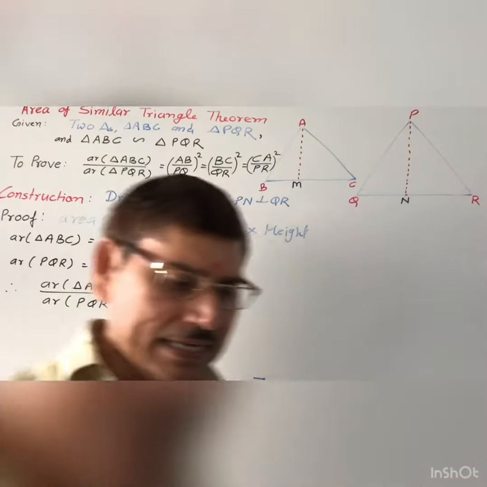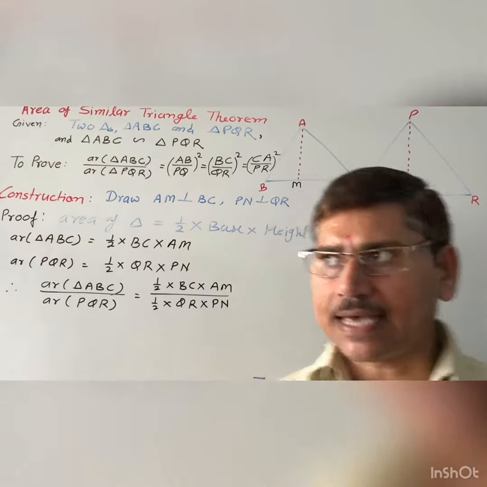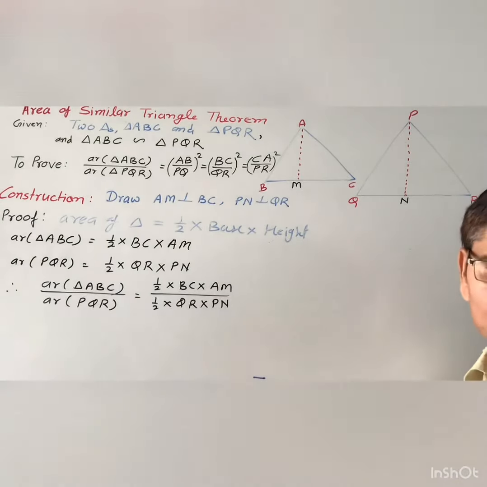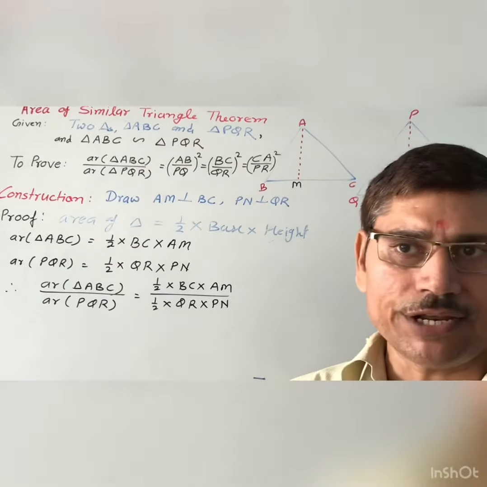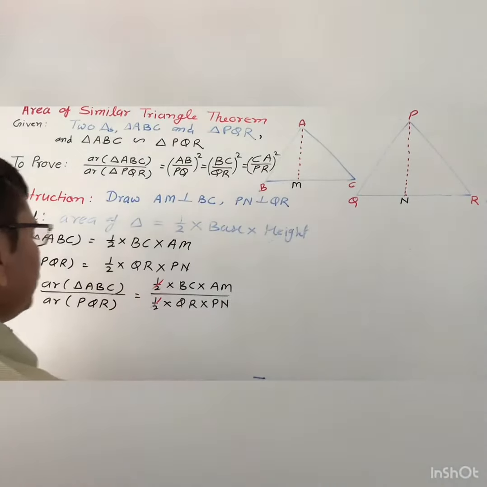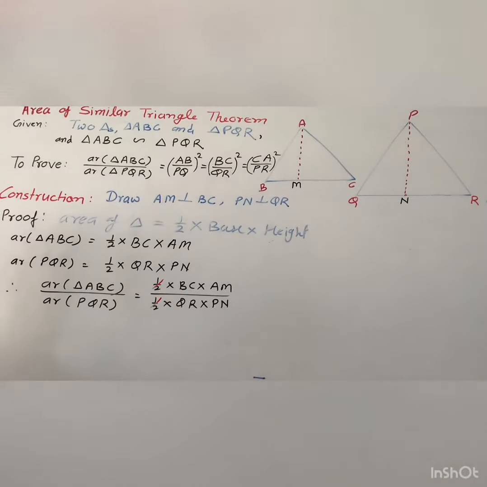So you can see here something is cancelled out from the numerator and the denominator. What do we cancel out here? Half. You will cancel this half from the numerator and denominator.